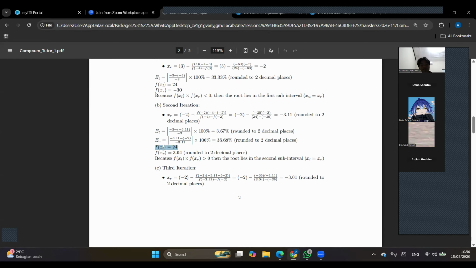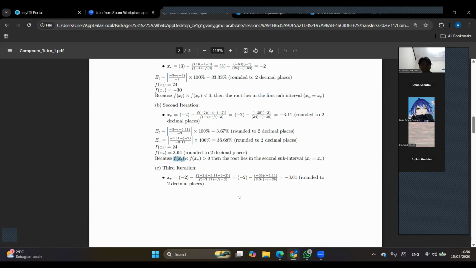We then got the FXL to be 24. It doesn't change because XL is still the same. And then the XR, we got it from using this new XR, minus 3.11. And we got that FXR equals 3.04.